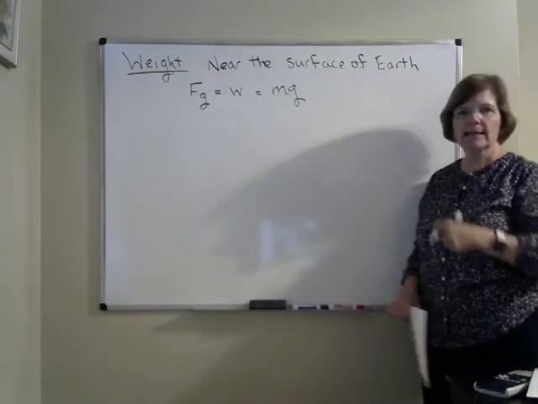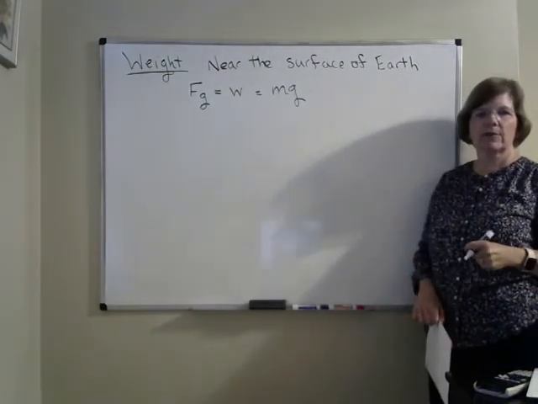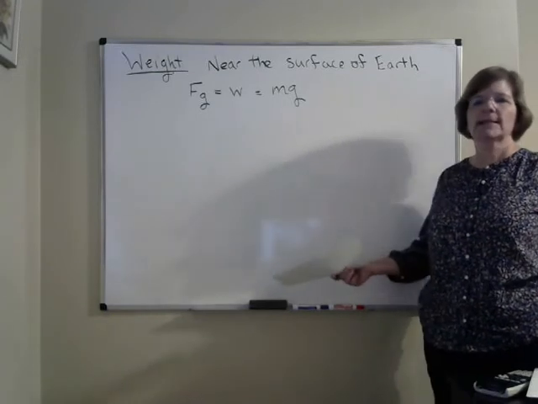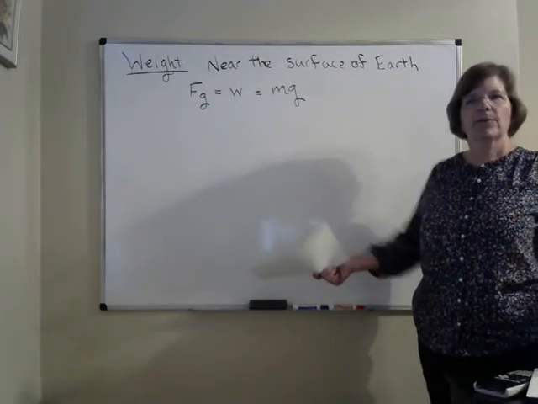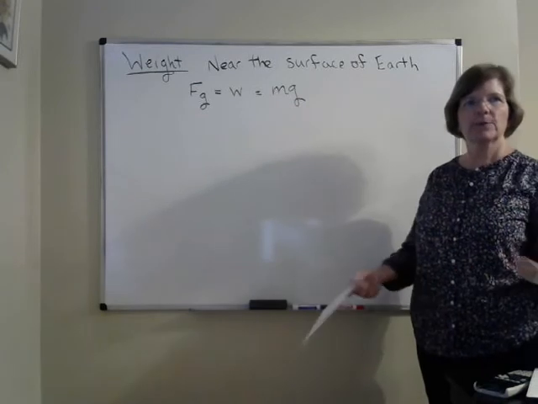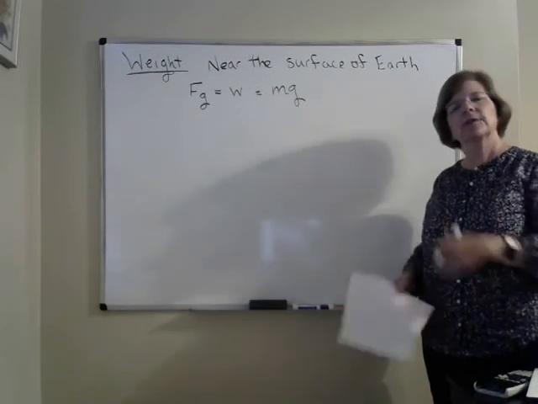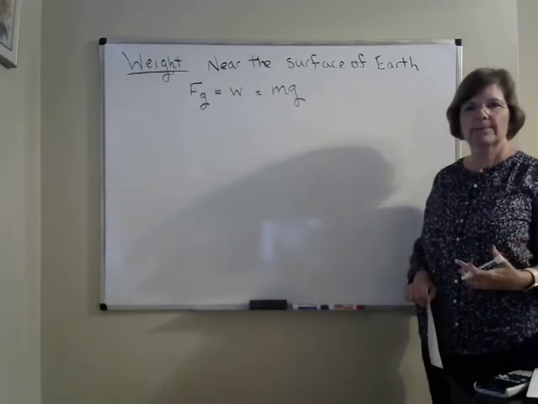That's a lot easier than the law of universal gravitation. Why can it be so easy when we're near Earth, but if we want to get gravitational forces between anything else, we have to do this long, complicated formula?